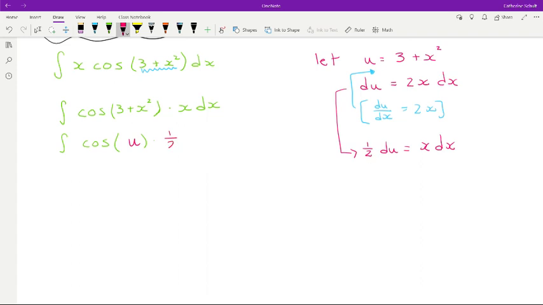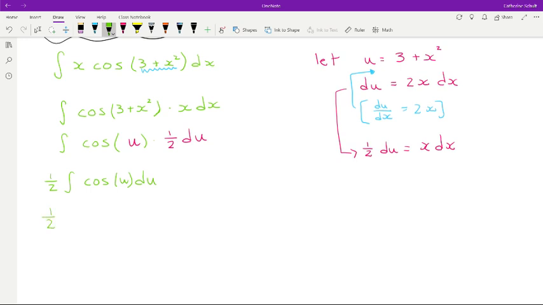All right, and then we just take a step back and notice all the x's have disappeared, and we just have things in terms of u. So that's important. Make sure we just have u's. All right, and now this 1/2 is just a constant factor. So if it's easier, let's just put that on the outside of the integration symbol, and we can worry about it later.